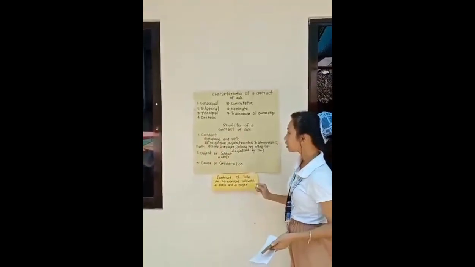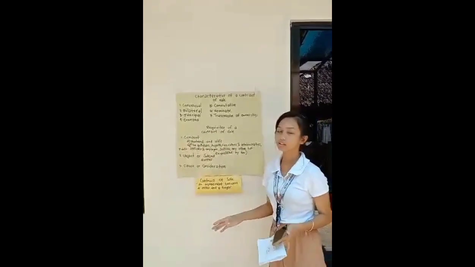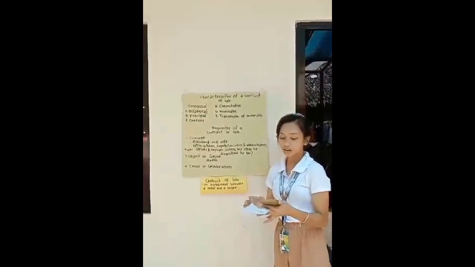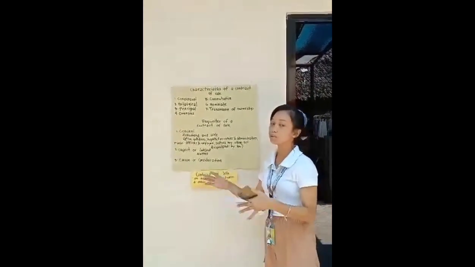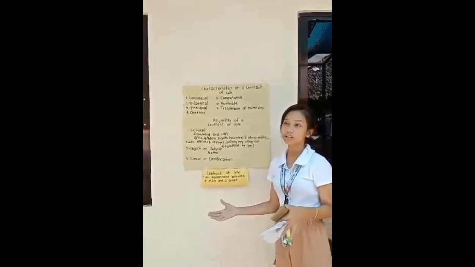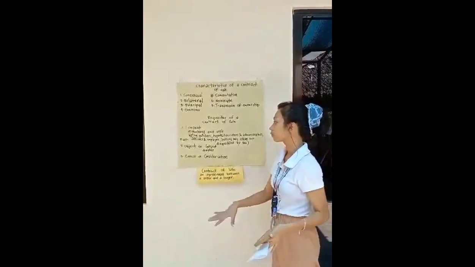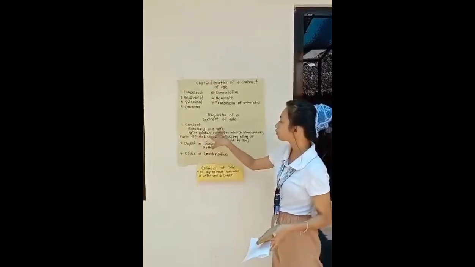The first one is consent. So consent, the basic understanding is that both parties understand and agree, like in your agreement, you consent with the other party. The next is husband and wife.